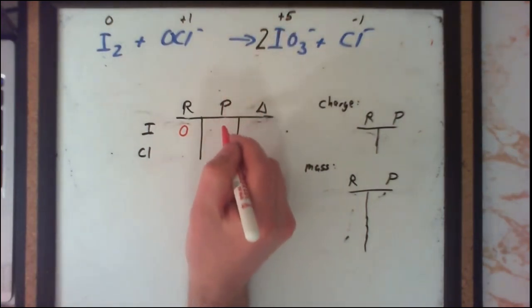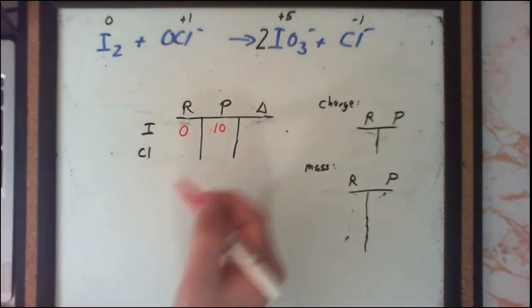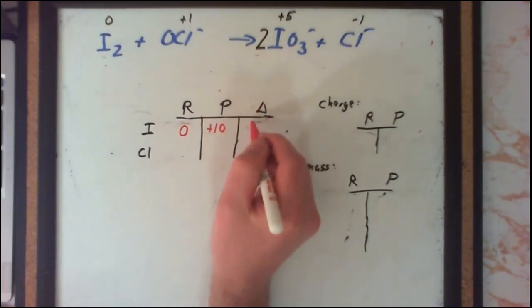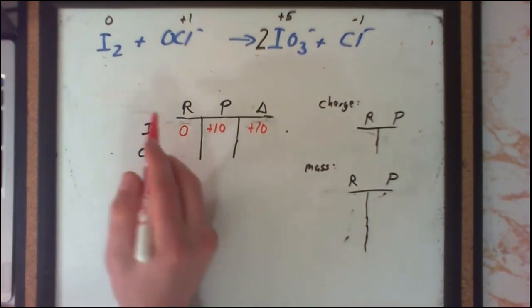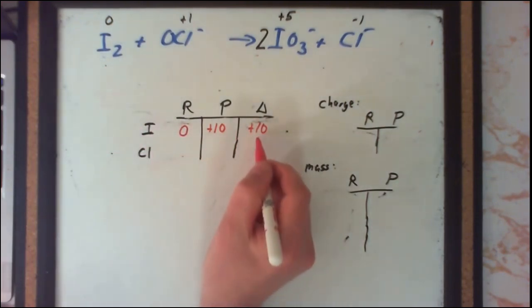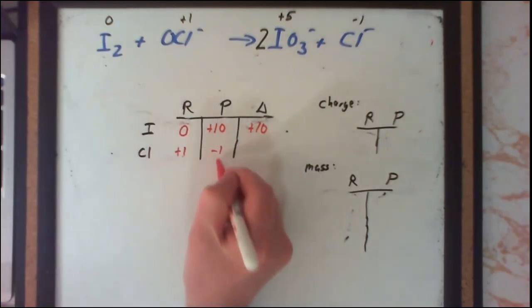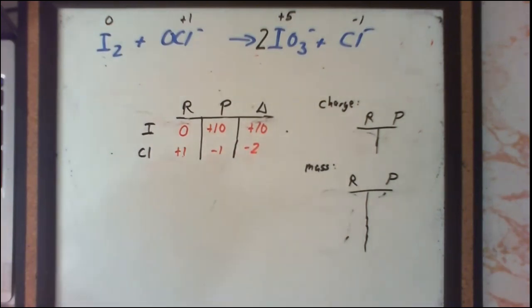So in total, we have +10 as a total oxidation number of the iodine atoms. The 2 iodine atoms in total on the product side give us a total difference of +10. In other words, between the 2 iodine atoms, they lost a total of 10 electrons because each iodine atom lost 5 electrons. With chlorine, we have +1 to -1. So our difference here is -2.